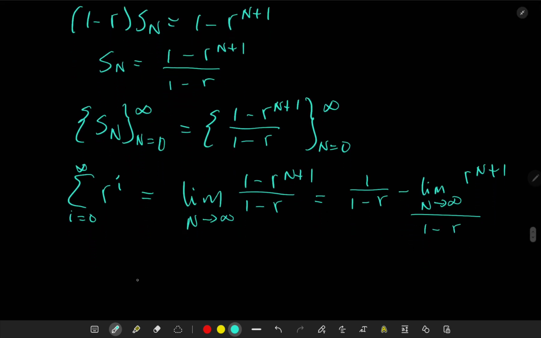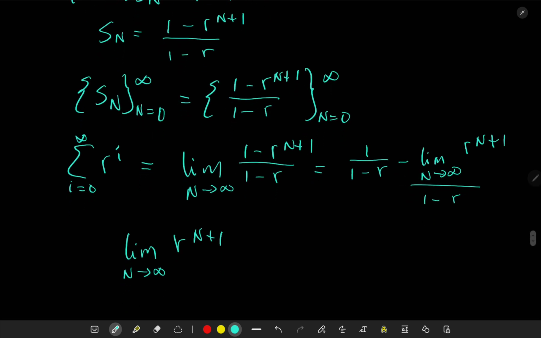As it turns out, that limit as n goes to infinity of r to the n plus 1 will depend very much on what the value of r is, the absolute value of r. So it can be either 0 or it can be infinite. Now, I want to not consider the case when the absolute value of r is equal to 1, because there I have to do a very different analysis.